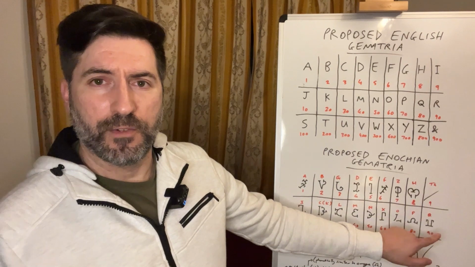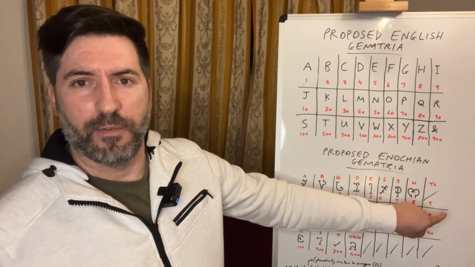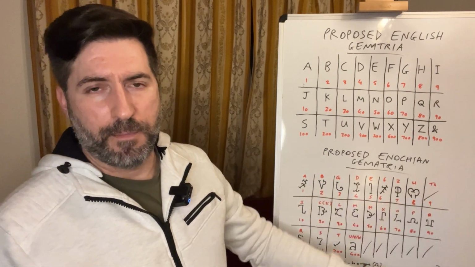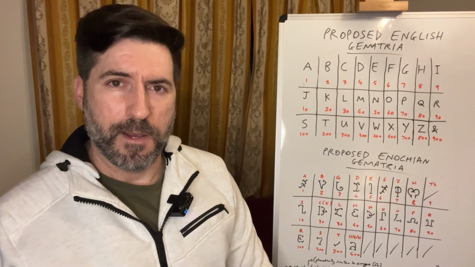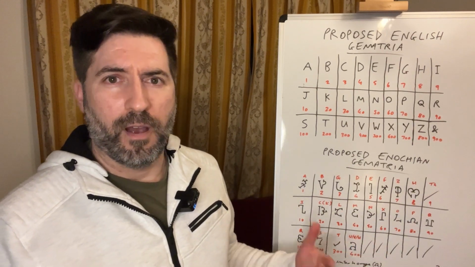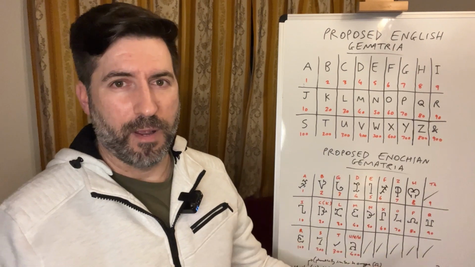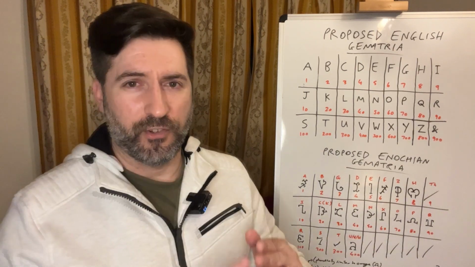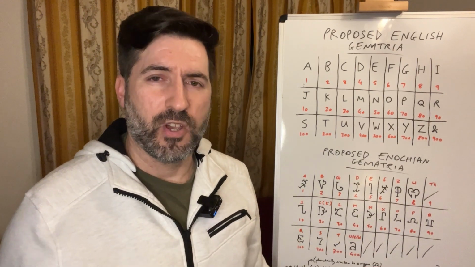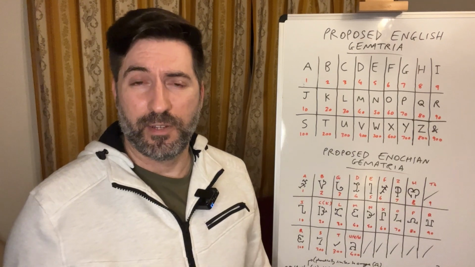And that's because here, at the value of 90, tzadi appears. And it doesn't appear in the Greek. And that's why I think that the order of the letters in the Enochian alphabet is closer to Greek than Hebrew. And some other interesting anomalies arise because of this, which leads us down an even deeper rabbit hole.